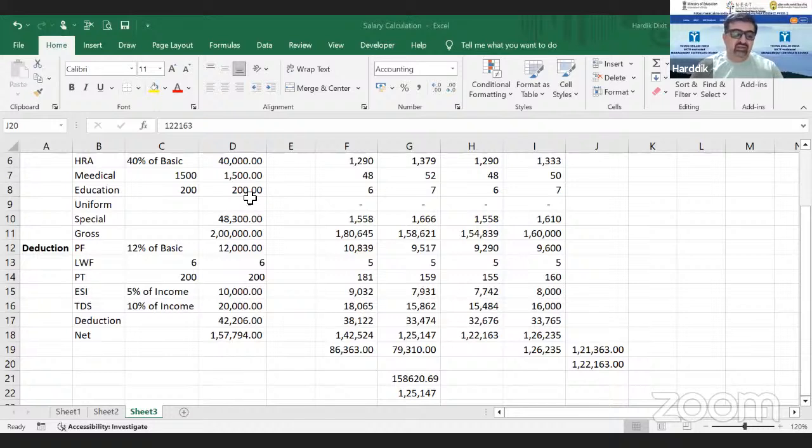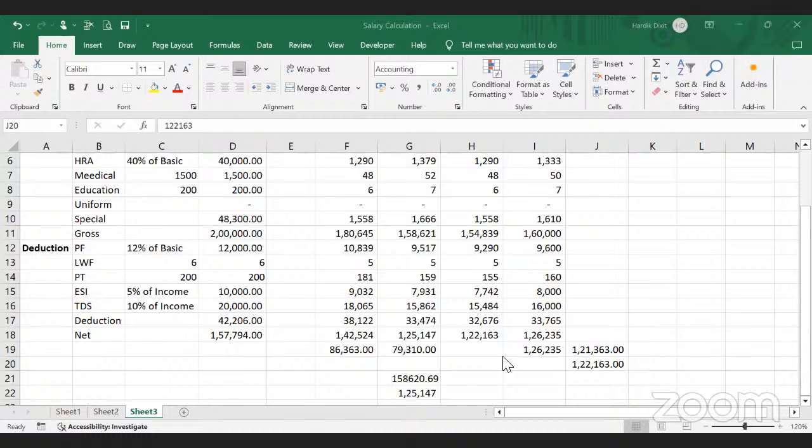But your transacting values will depend on your attendance. So if my income varies as per my attendance, my deduction will also vary as per my attendance. Yes or no? Yes, sir.